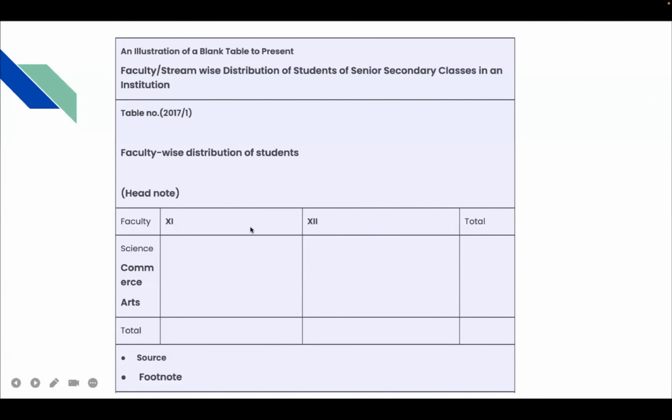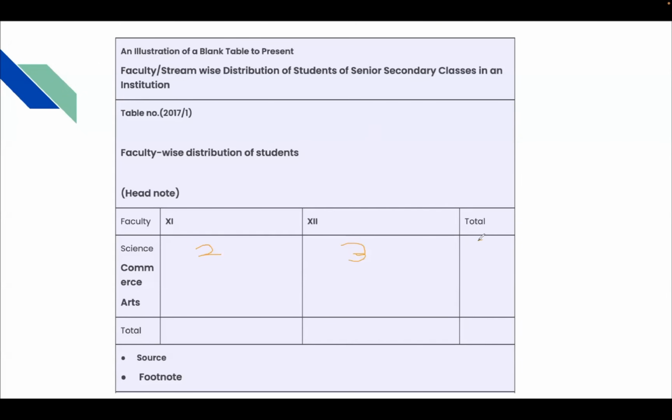For example, you can add male and female here. So let's say we have 2 male students and 3 female students in science.